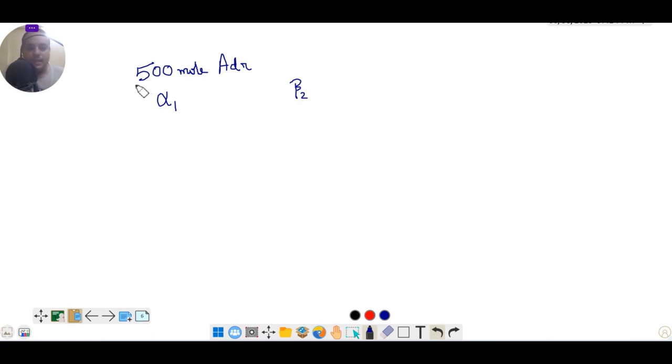Since there is a high amount of adrenaline, let us suppose that in order to stimulate alpha 1 you need 100 molecules of adrenaline, and to stimulate beta 2 you need 10 molecules because it is sensitive, so fewer molecules of adrenaline are going to stimulate it. And how many molecules of adrenaline do I have in the system? 500. So these 500 molecules of adrenaline will act on alpha 1.